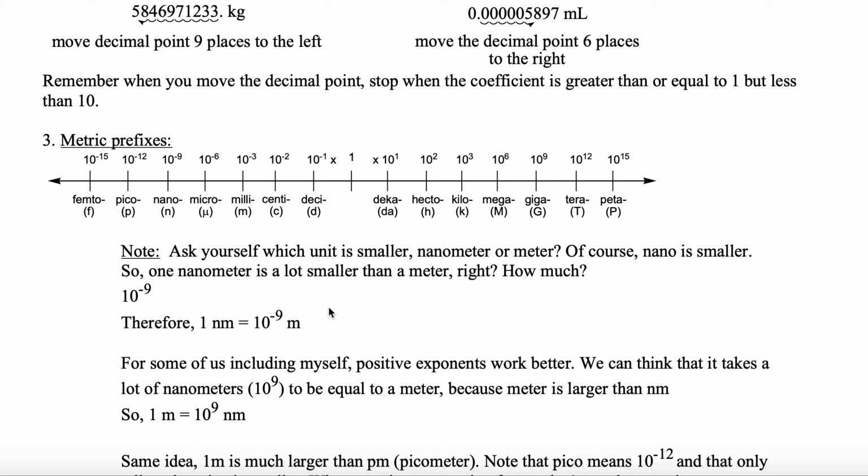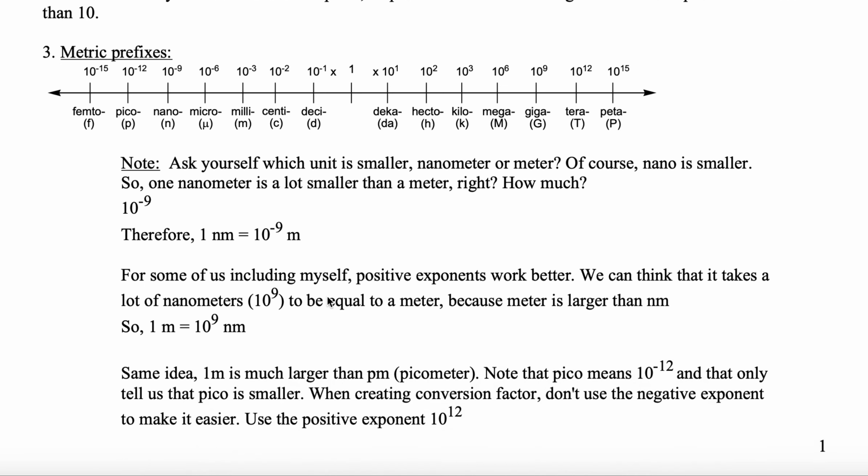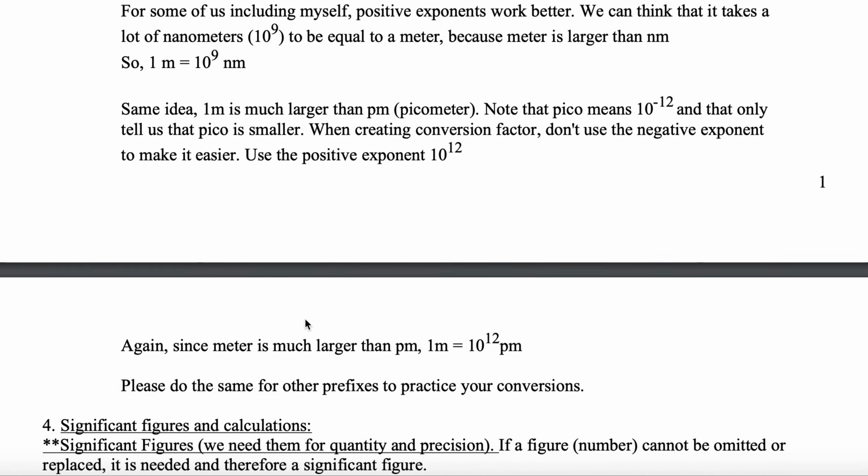Okay, you can also do it the other way. You can start with 1 meter, because 1 meter is a large quantity. That's why you have to change the exponent to positive instead of negative if you want to swap them, right? Same idea for pico.